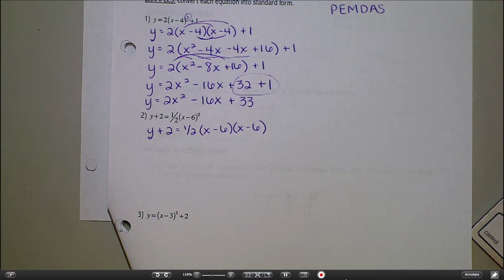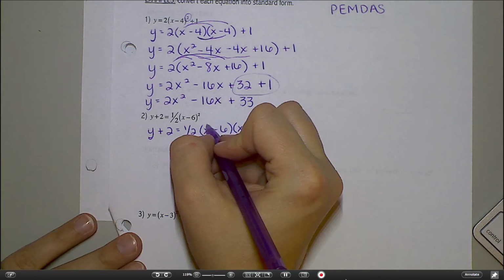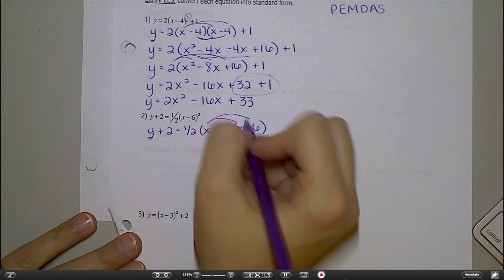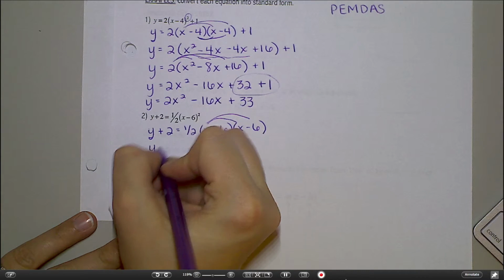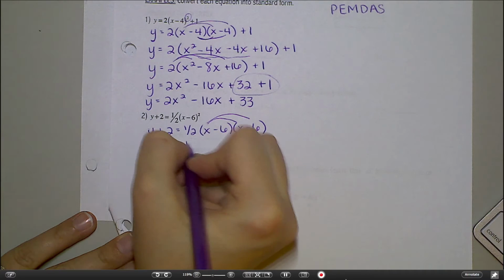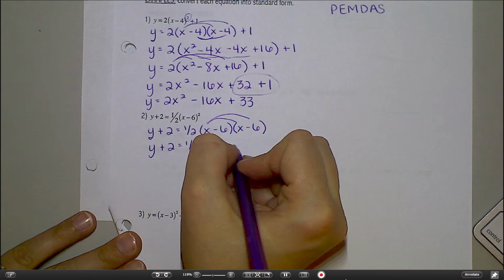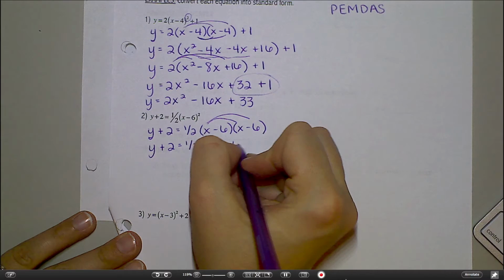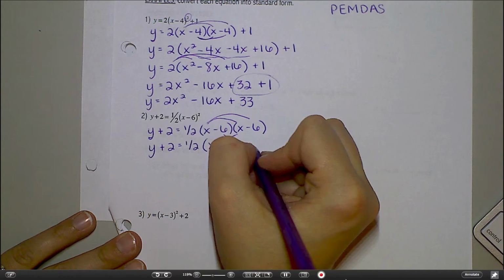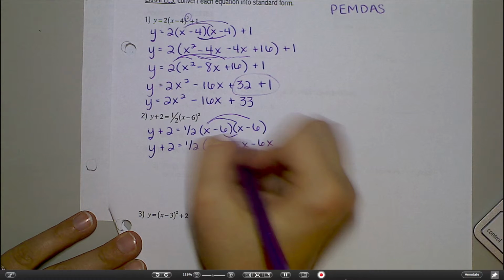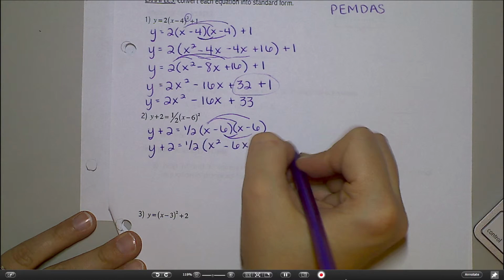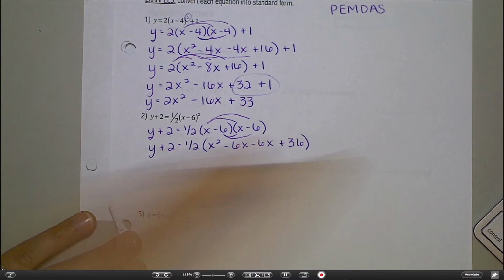Okay, now what? FOIL from here. Inside, negative 6x. And negative 6 times negative 6 is positive 36. Okay.